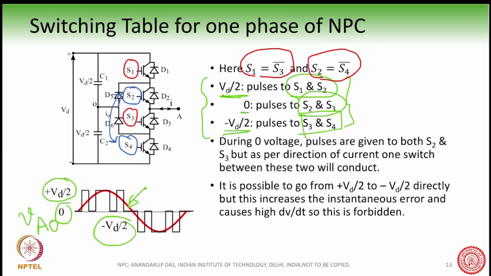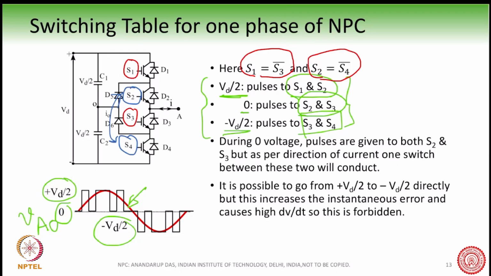Okay, so this is what will happen in this converter. You can also refer to the previous lecture in NPTEL from my course, and there I have talked a little bit more in detail. So here you can see that S1 and S3, and S2 and S4, they are complementary.